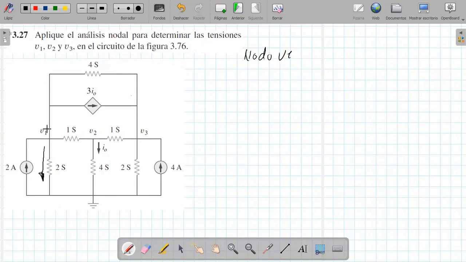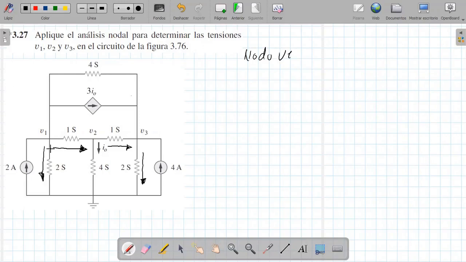One part comes from here, and the other comes from here, which is this source with this dependent one. It reaches this point, and one part comes this way, and the other comes through this source. When we reach this point, we observe that a source of 4 amperes enters here and joins with this. So another current comes through here, and this conductance is missing.